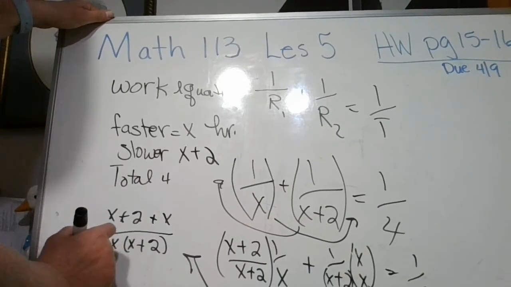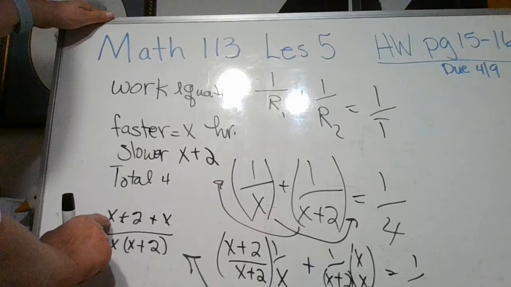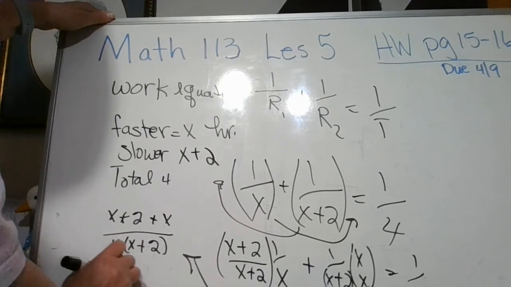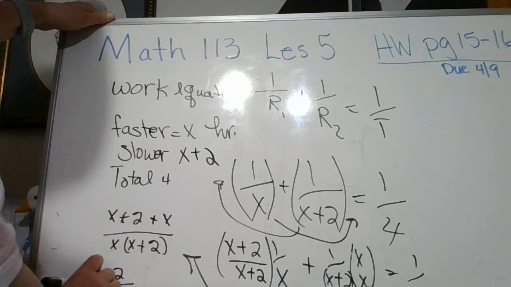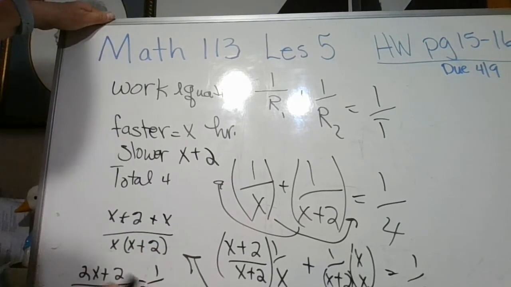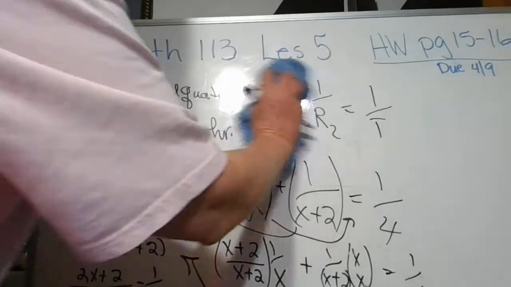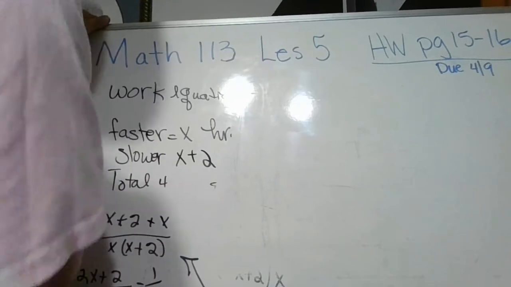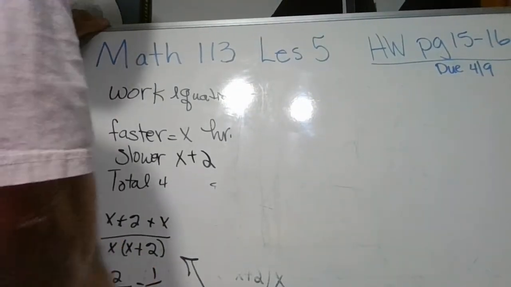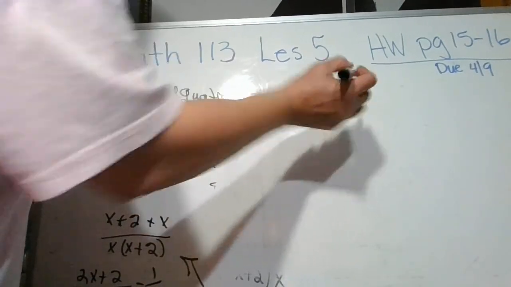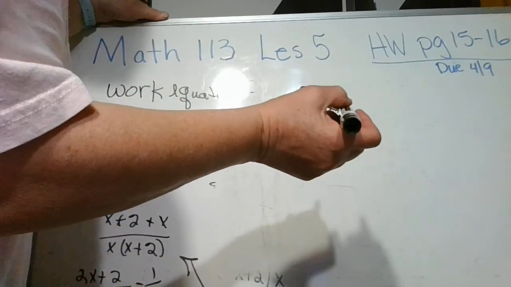Okay, so I'm going to have 2x plus 2 over x squared plus 2x is equal to 1 over 4. And now I'm going to cross multiply. 1 times x squared plus 2x is just that.